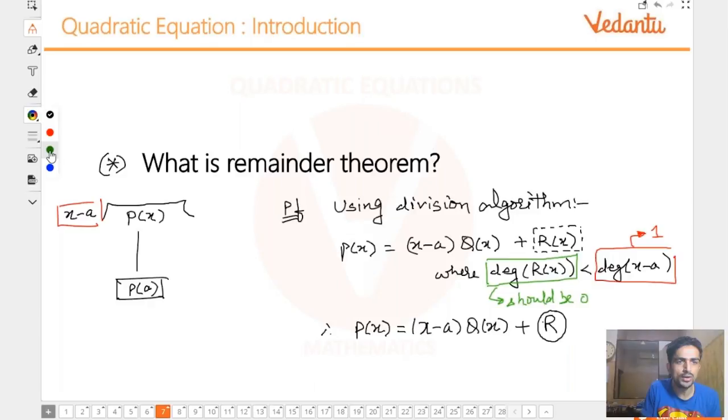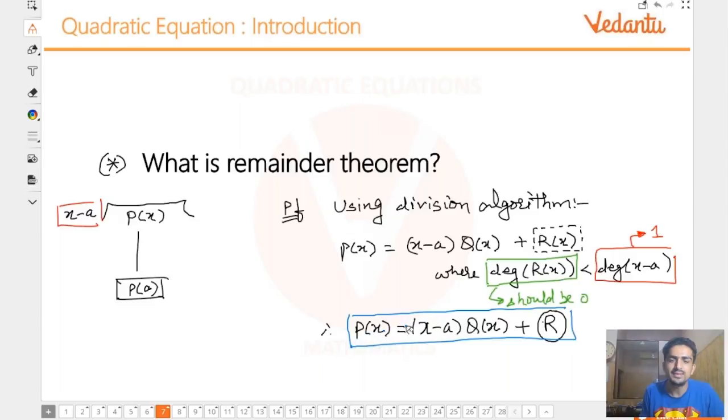Guys, here you need to understand one thing and the complete matter will be sorted out. When I say p of x is equal to this, it means they are equal for all values of x. Yes or no? Because I am saying p of x is equal to this.